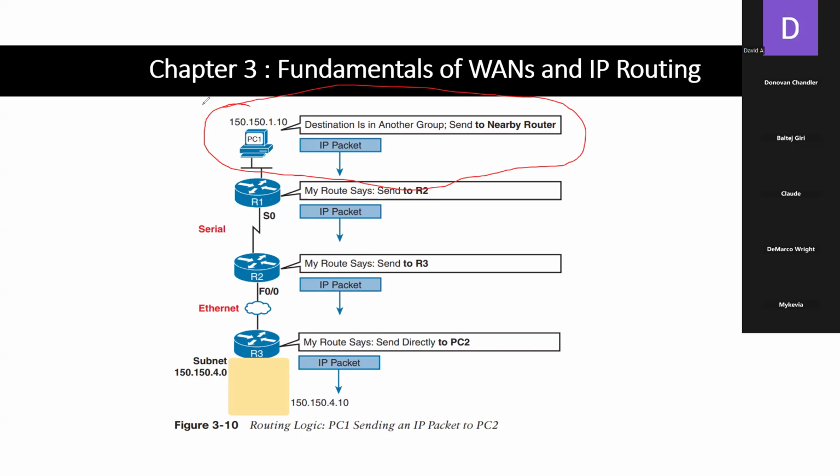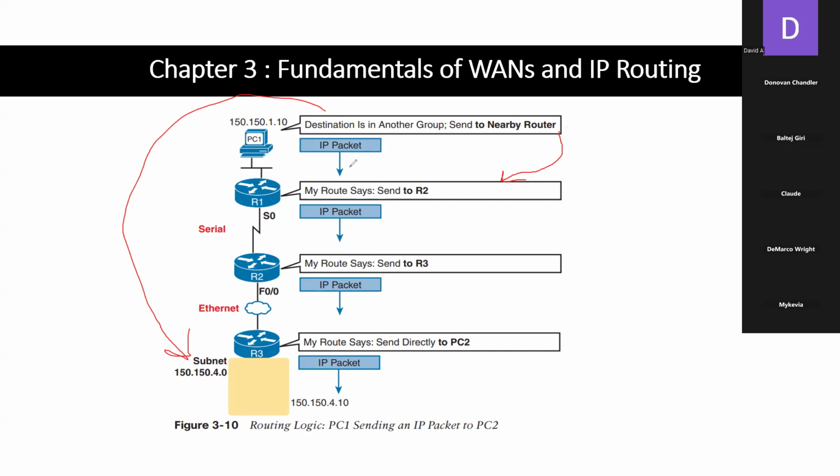We said this a little bit of time before. It's in another subnet, so send this to the nearby router, because its job is to route packets. So PC1 is going to send that IP packet over to R1.